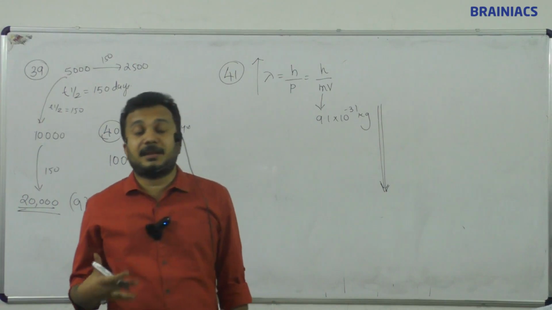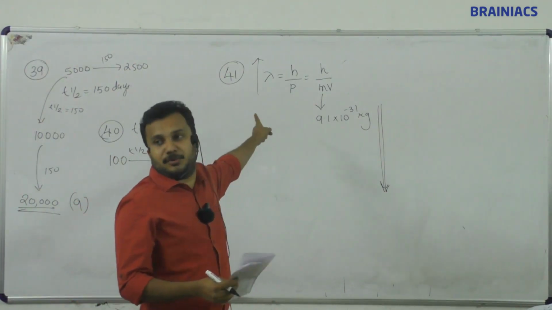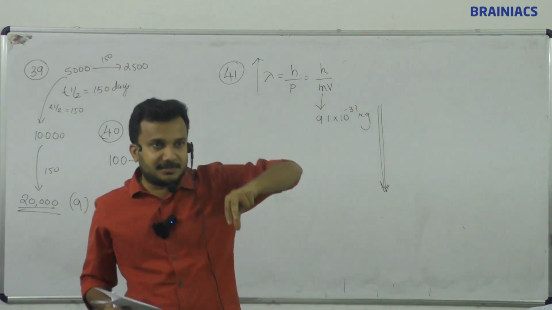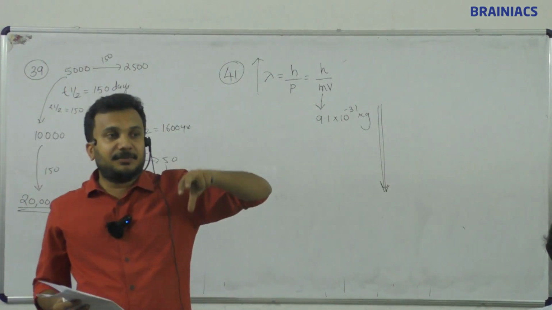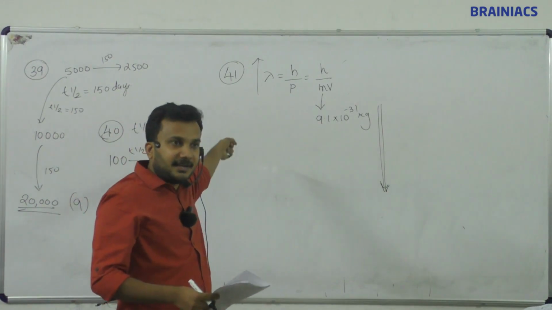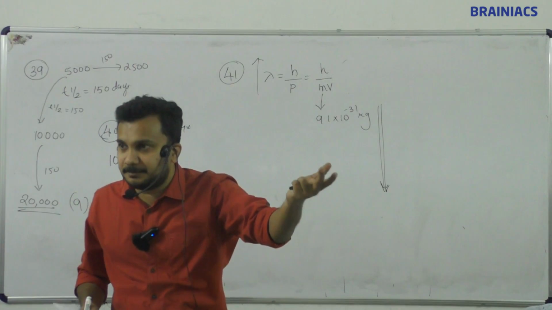Electron will have a wave character also. This wavelength is called de Broglie wavelength. So de Broglie states that particles like electron, neutron, proton will have wave nature because their mass is less and lambda is high.